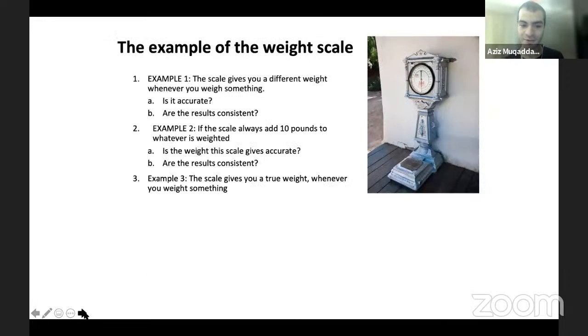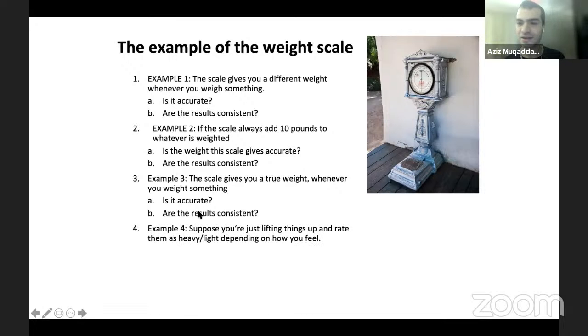So I gave the example of the weight scale, if you recall. In example one, I asked you if a scale gives a different weight at different times, sometimes you would weigh 100, sometimes 110, another time 135, is it an accurate scale? All of you said no. Are the results consistent?